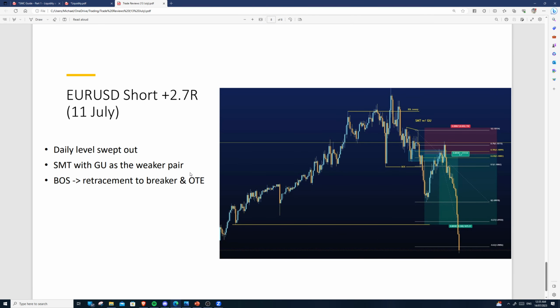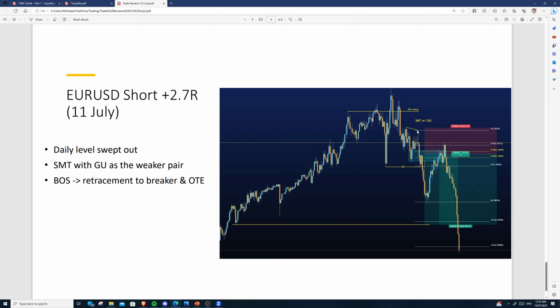Lastly, a Forex example. This was a trade I took just a few days ago on the euro, and you can see this level here is a daily high, and then we had a double sweep on the lower time frames of buy side liquidity, followed by a break of structure and retracement to the breaker block.